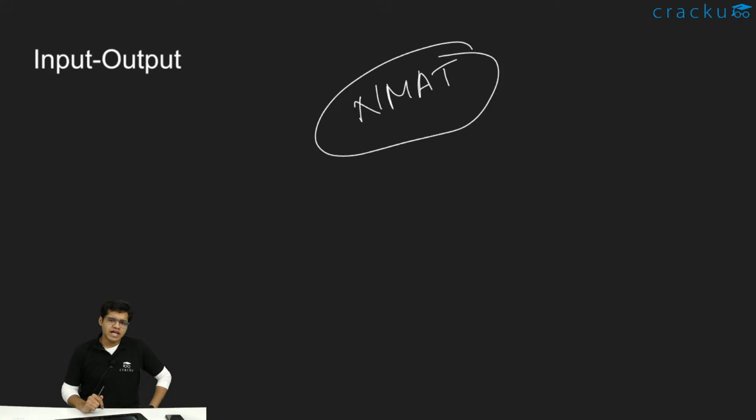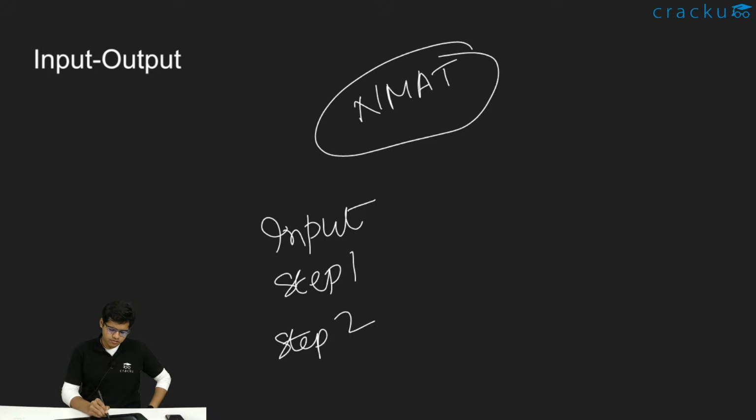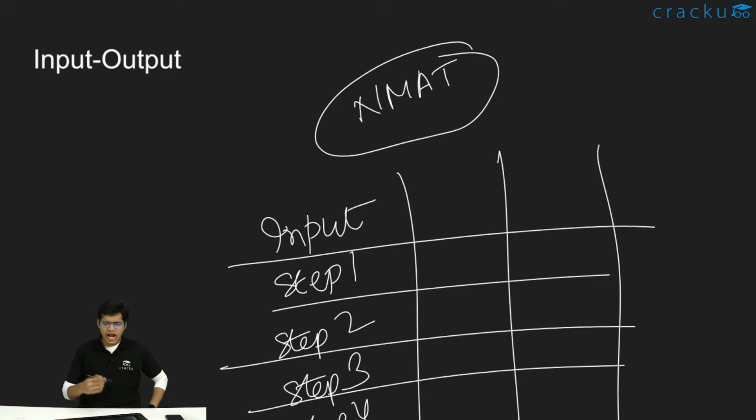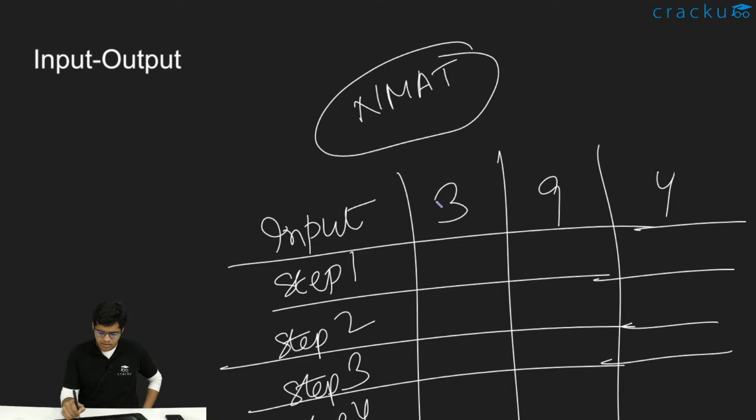The basic idea is that you will be given some input variables, and you will have steps, say step 1, step 2, step 3, step 4. You will be given 2 or 3 examples, let's say the inputs are 3, 9, 4.